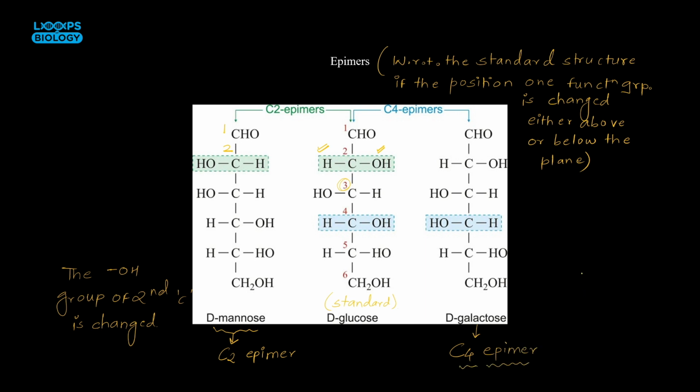And whenever I'm saying C4 epimer, that means keeping everything the same but changing the OH position on the fourth carbon. So this is 1, 2, 3 and 4 carbons, and on that particular fourth carbon I am going to change my hydroxyl group position. Along with this epimer, there has to be some chiral carbon atom count.